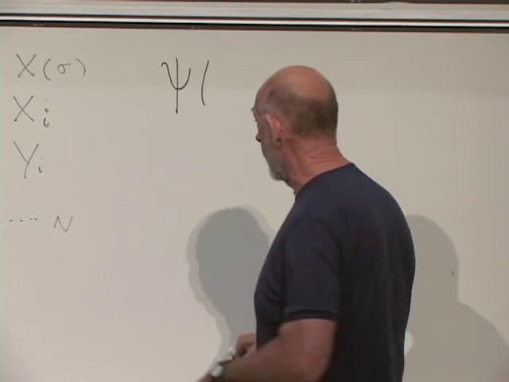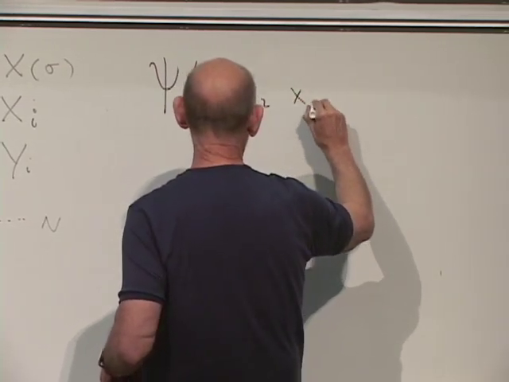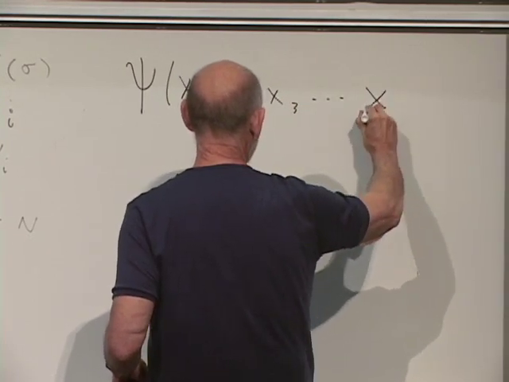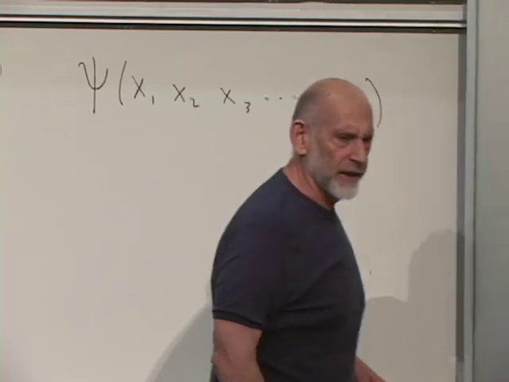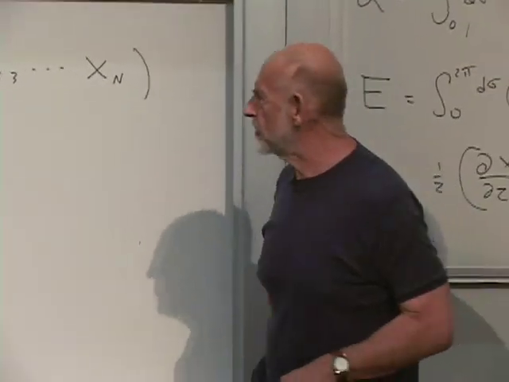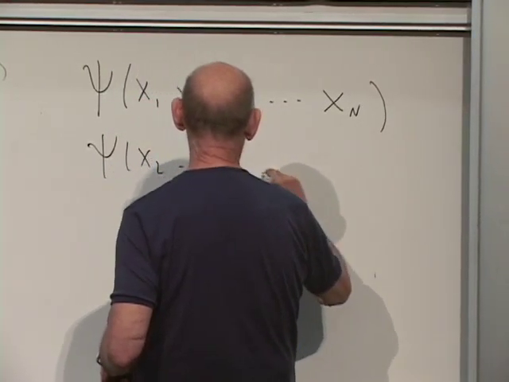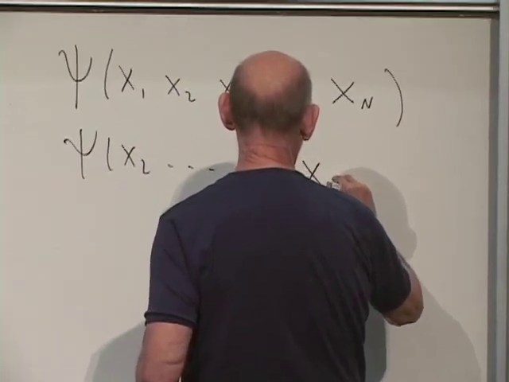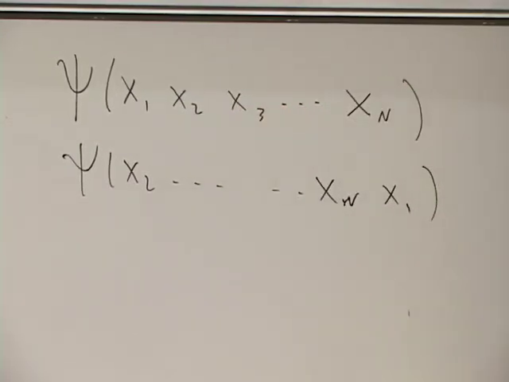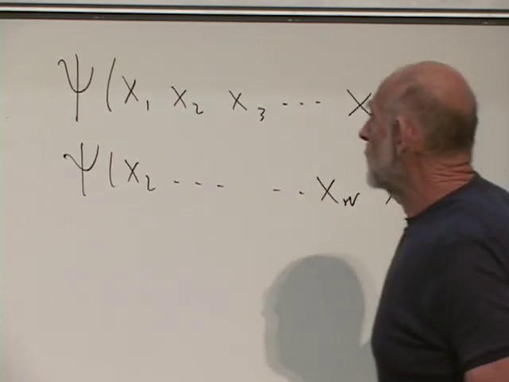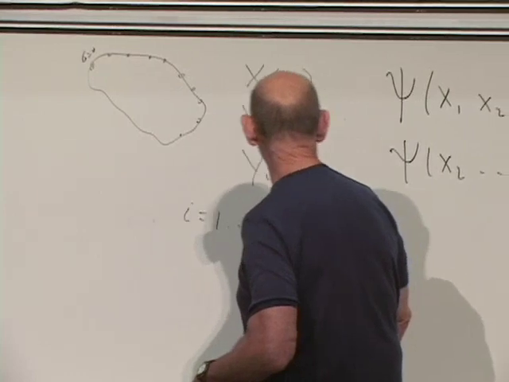Let me leave out the y's: x1, x2, x3, up to xn. But why did I start with x1 over here? Why didn't I start with x2 and cycle around and say psi of x2 dot dot dot xn, x1? No special reason. Why not? Because there's nothing special about the point that starts out at sigma equals 0.